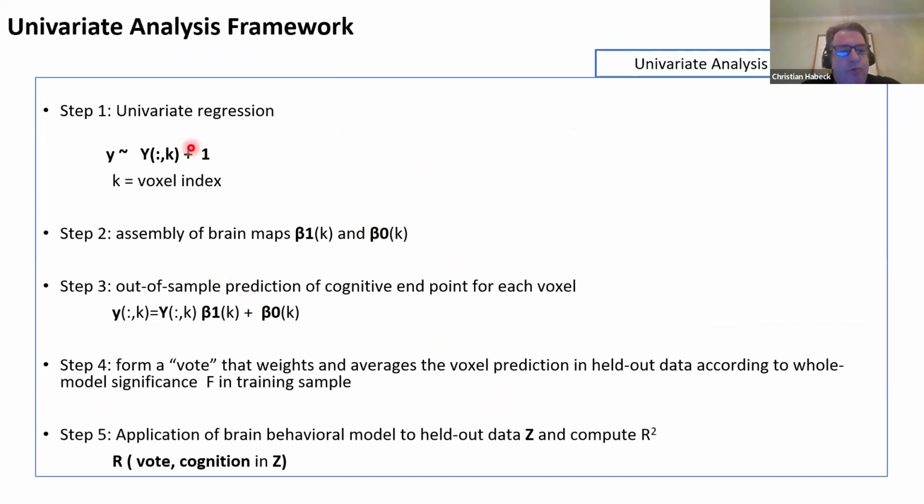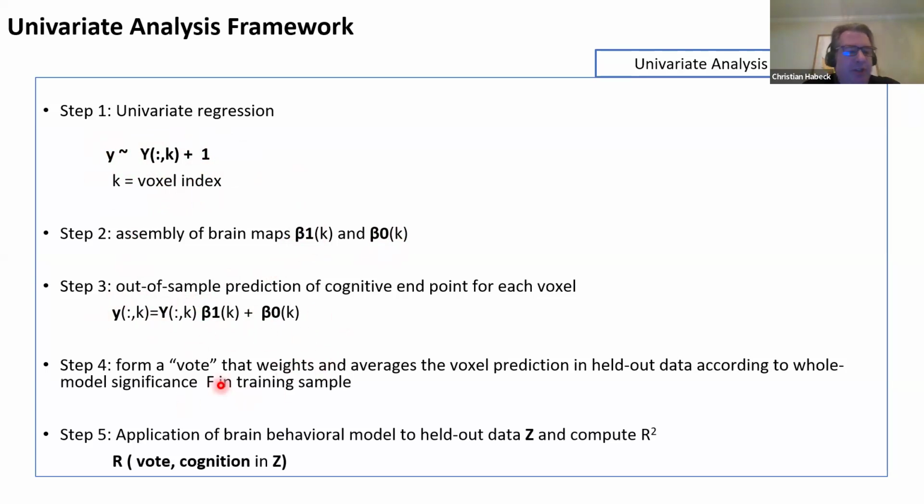Here we just do voxel-wise regression, where we have the outcome measure, the percent correct, and we fit these linear models voxel-wise that will give us brain maps of the slope and the intercept. For the out-of-sample prediction, we just have one prediction for each voxel.